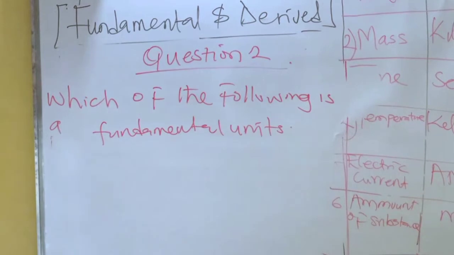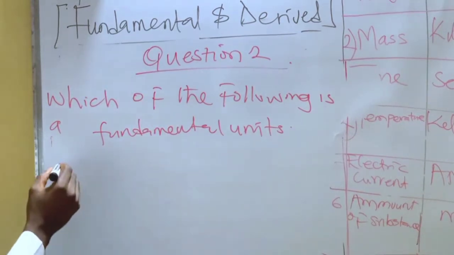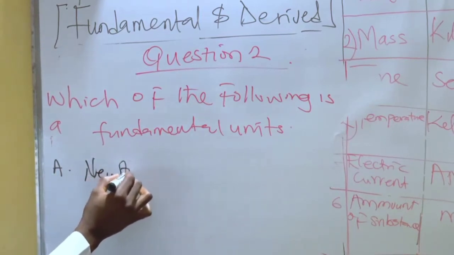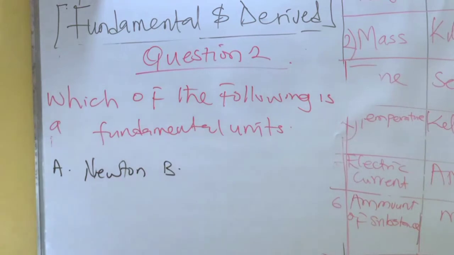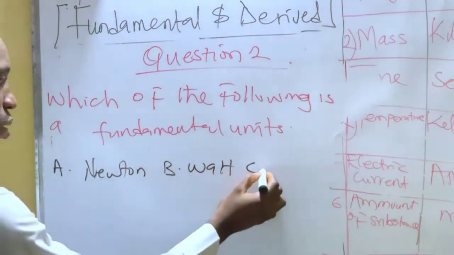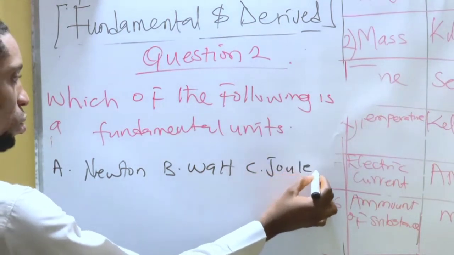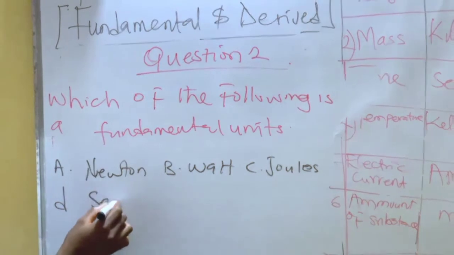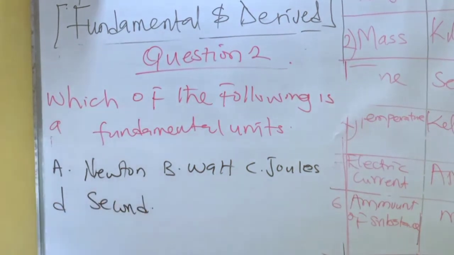Option A, Newton. Option B, Watt. Option C, joules. Option D, second. Pause the video and try this question.